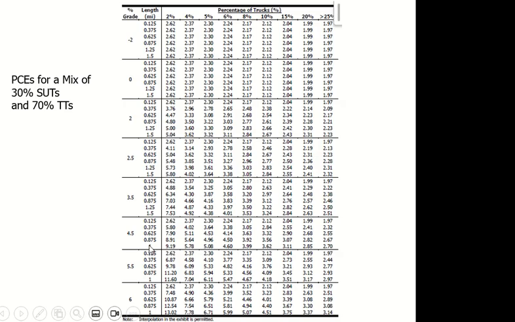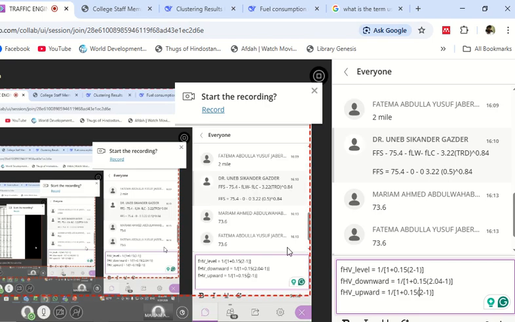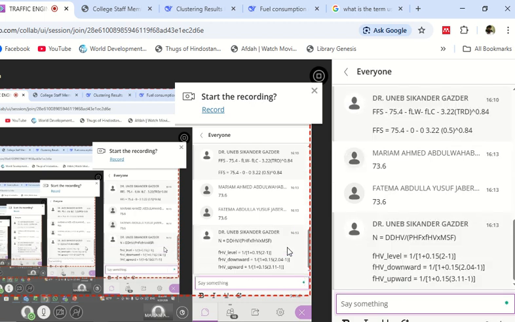Again, if somebody gave me 0.95, I can interpolate between these two values. But out of the table, I don't interpolate. Just take this one, which is 3.11. So this will give you 3 values of FHV. That means we will have 3 values of N as well.